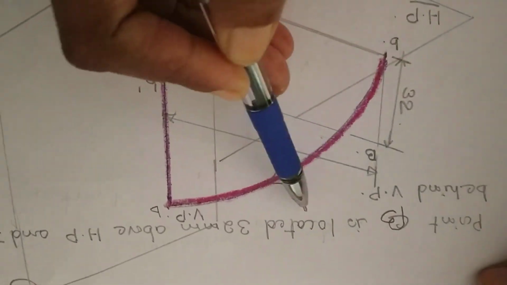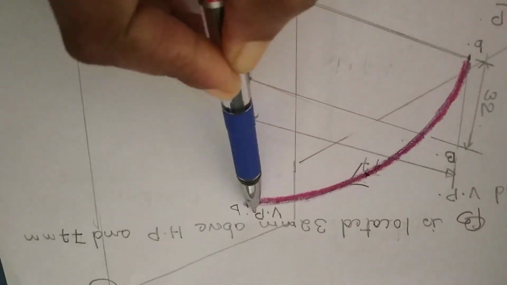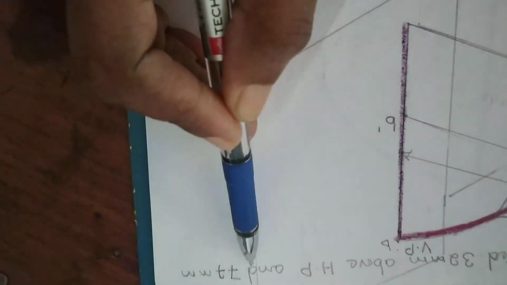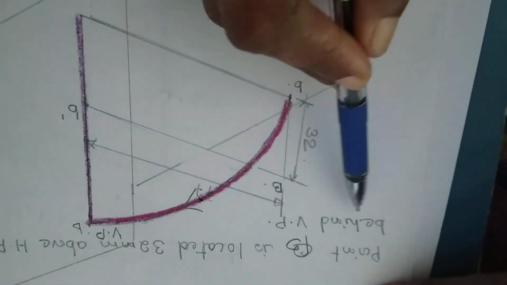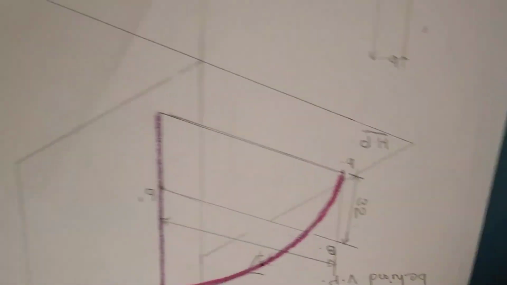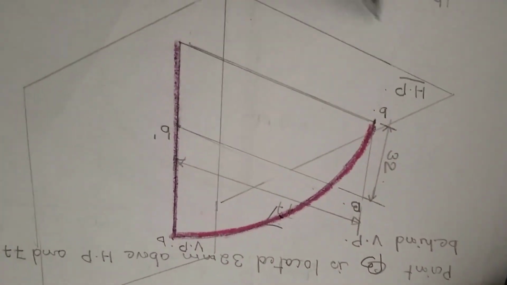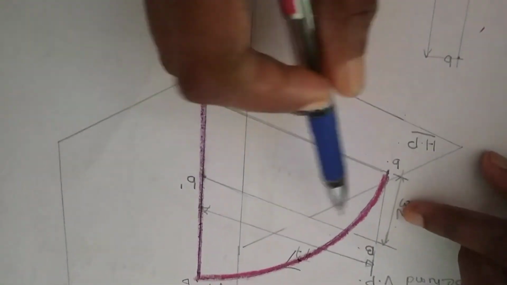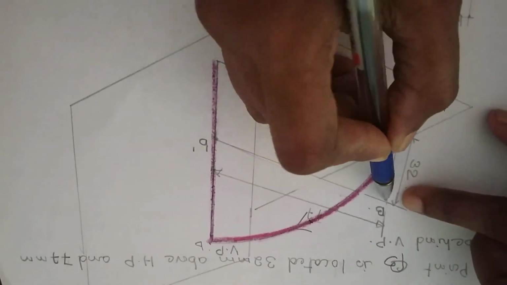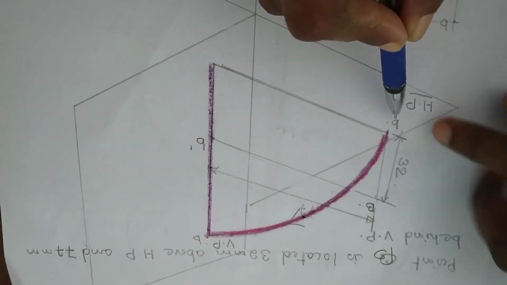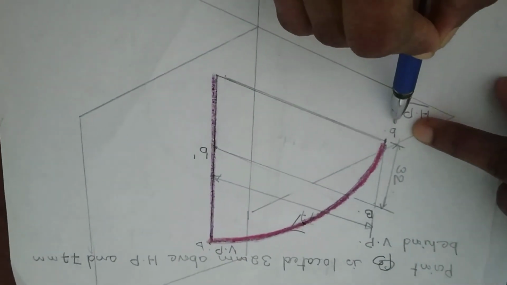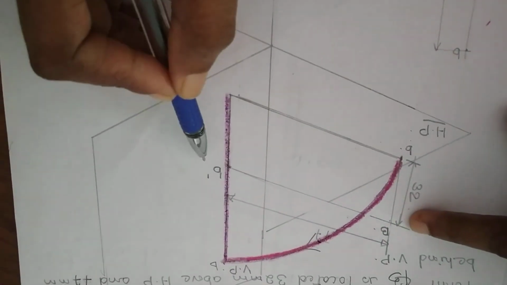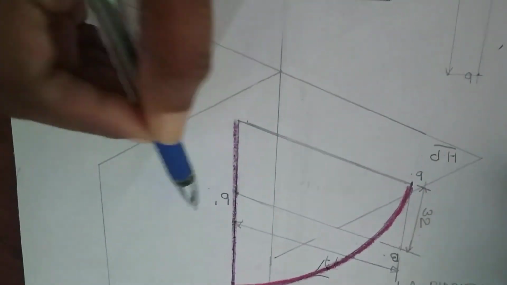Point B is located 32 millimeter above HP, 77 millimeter behind VP. So this is my second quadrant, above HP, behind VP. So this is my point B. The top view I've got here on the HP plane as B, and the front view I've got on the VP plane as B dash.